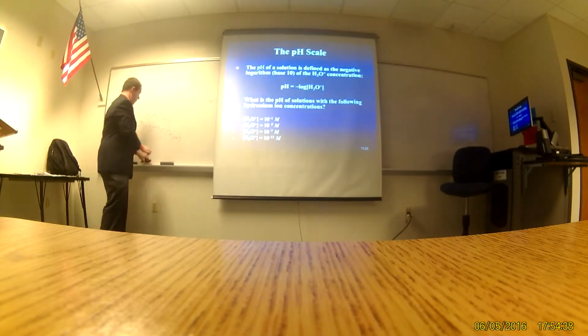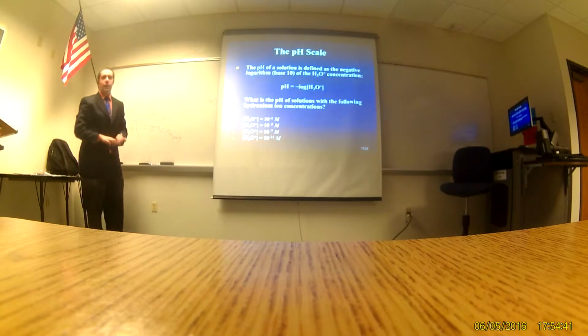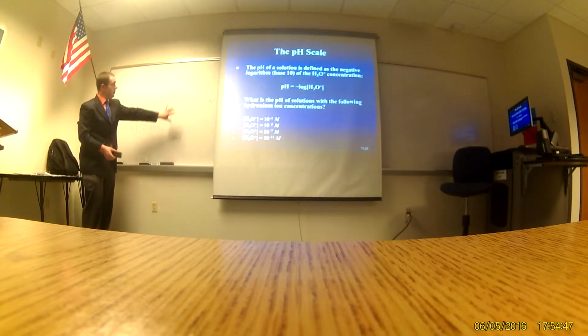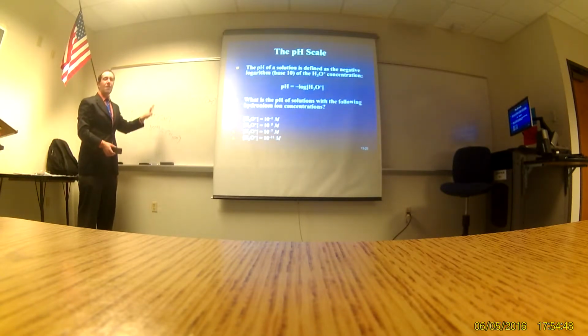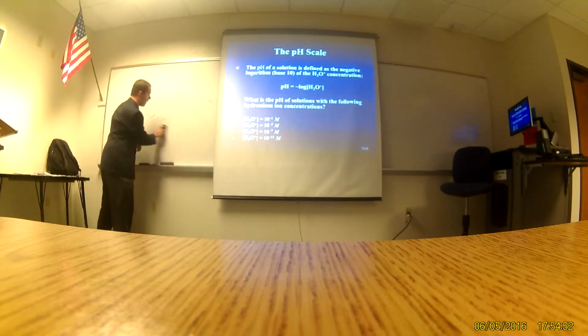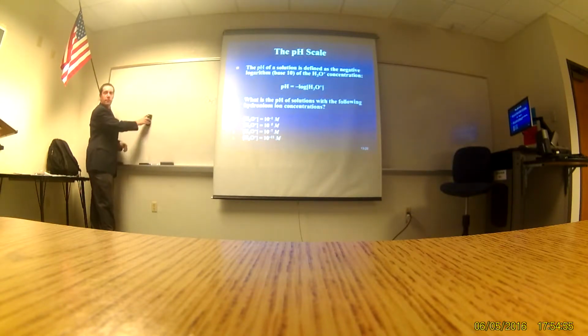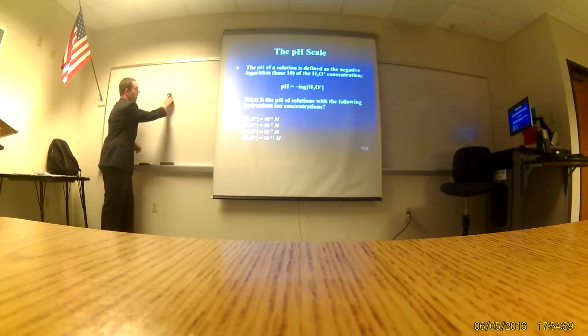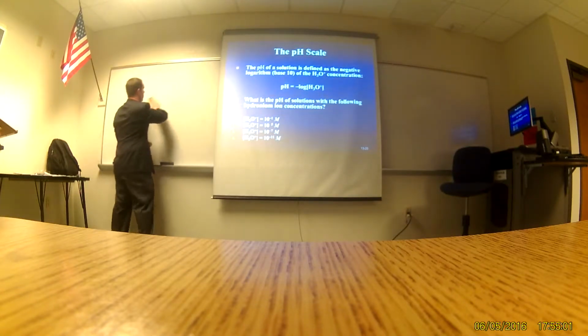So now we're going to take these concentrations and put them into something you're a little more familiar with. pH. These numbers are the same exact thing as pH. The pH gets rid of all of these funky exponents and lets us just deal with the numbers that add up to 14.